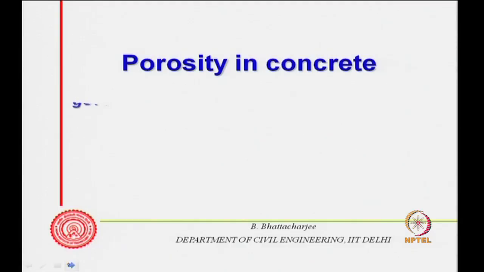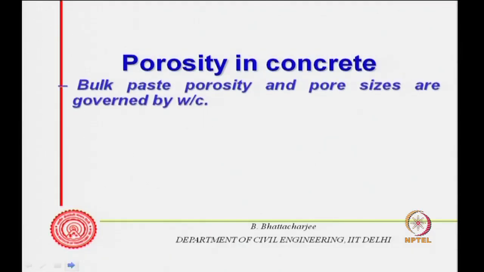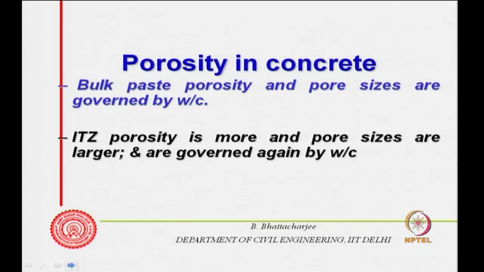So, therefore, bulk paste porosity and pore sizes are governed by water cement ratio, that is what we have seen. And since water cement ratio governs, ITZ porosity is also more and pore sizes are larger, and this is also governed by water cement ratio.